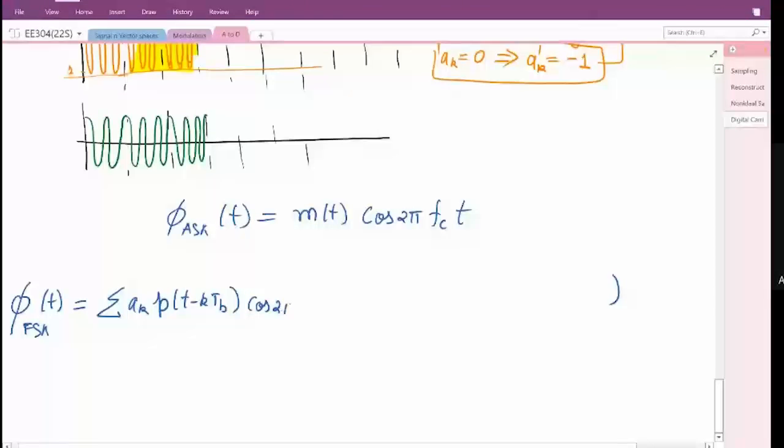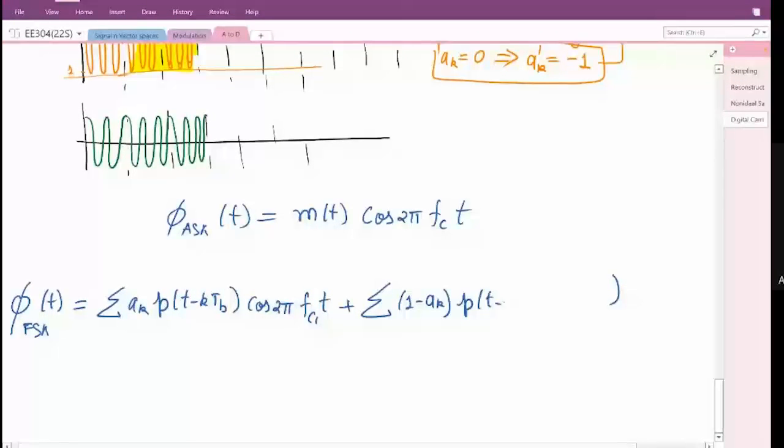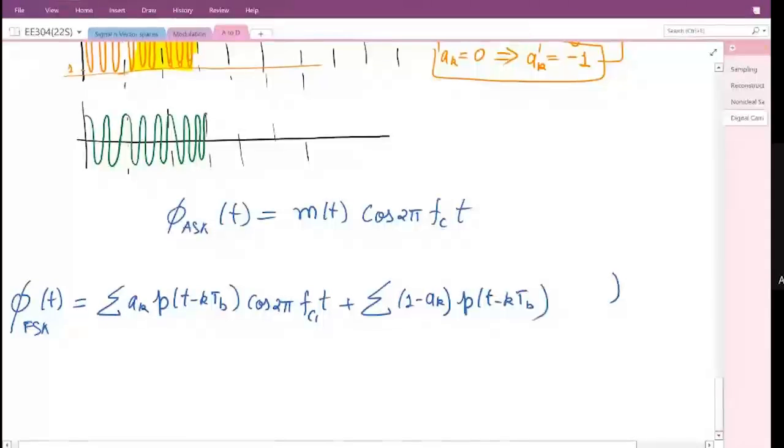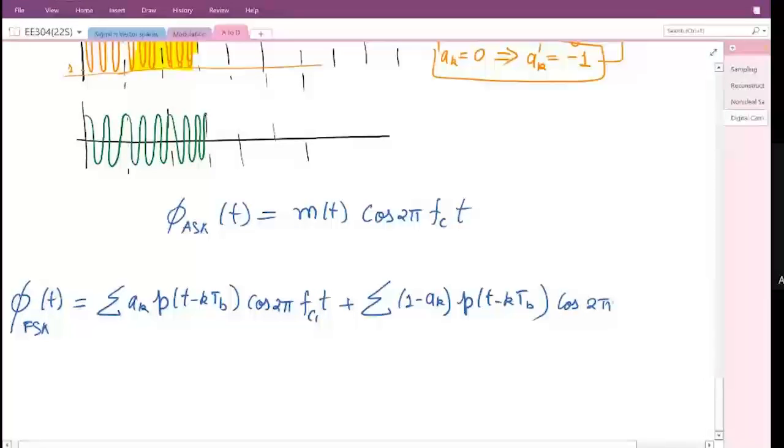I will just write this thing and then let you all think over it and come back to this in the next lecture: (1 - a_k), p(t - kT_b). What I am doing here is checking this a_k, and 1 - a_k is going to do the trick. And then cos 2 pi f_c0 t.